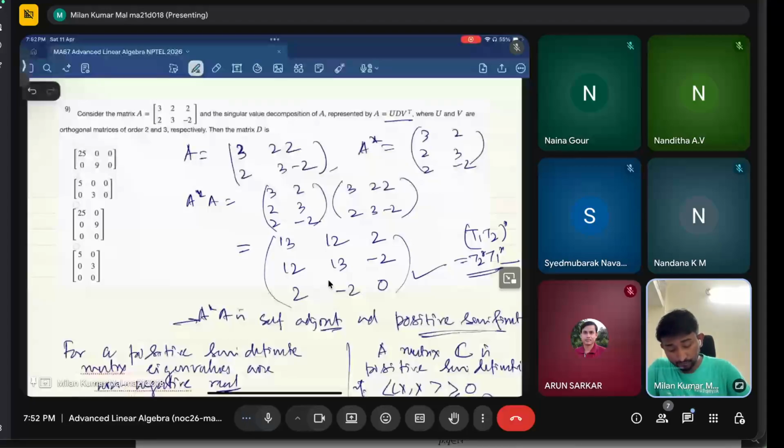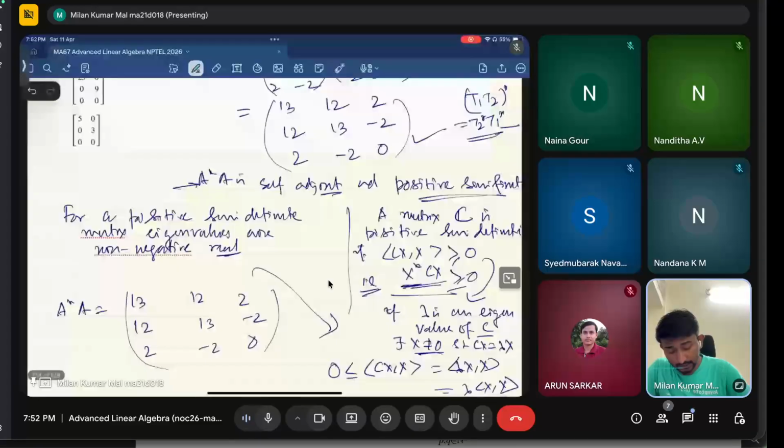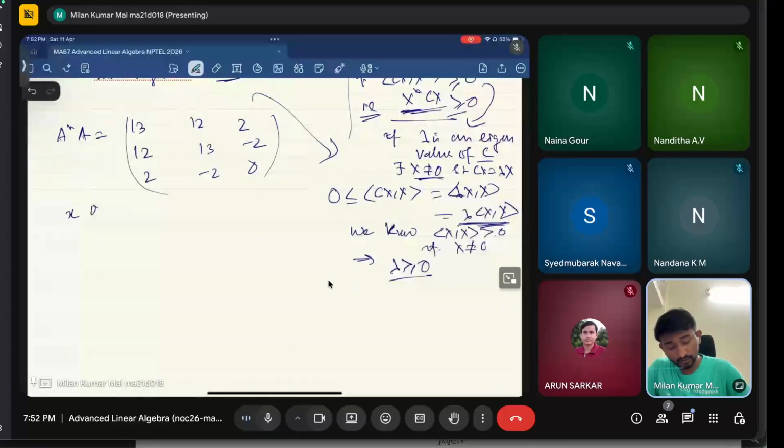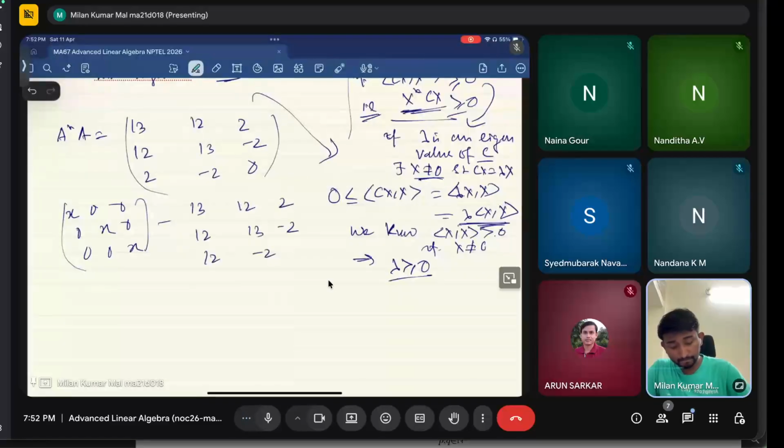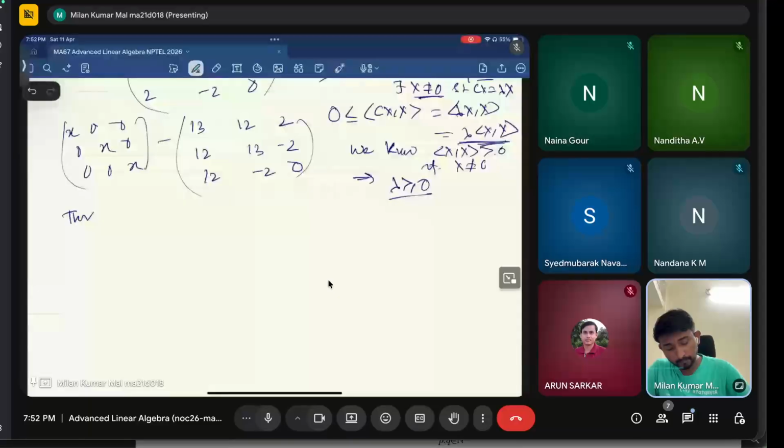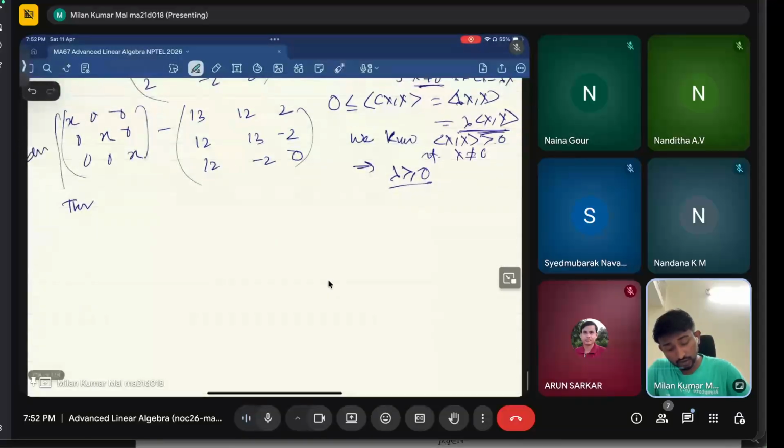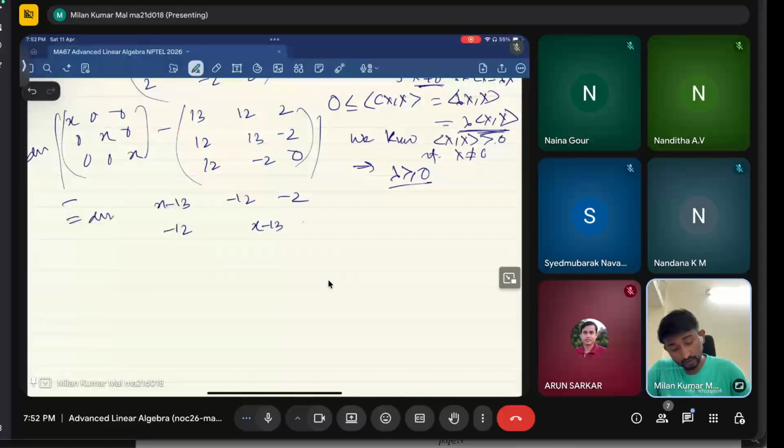So A star A. Now if I consider x on the diagonal, x 0 0, 0 x 0, 0 0 x, minus 13 12 2, 12 13 minus 2, 12 minus 2 0, then the determinant I want to obtain will be the determinant of x minus 13, minus 12, minus 2; minus 12, x minus 13, plus 2; and so on.